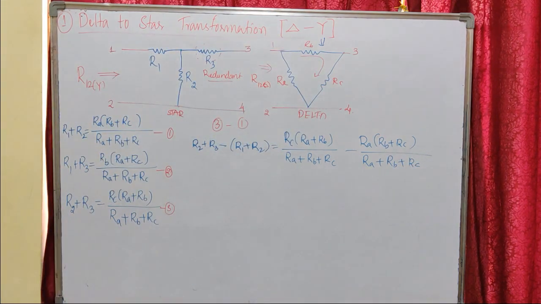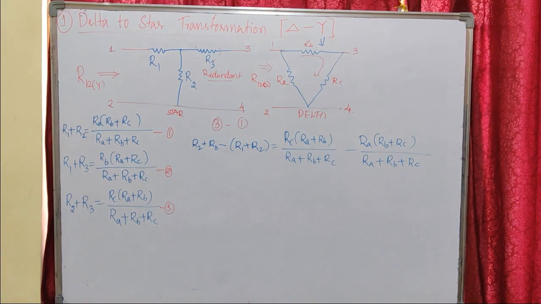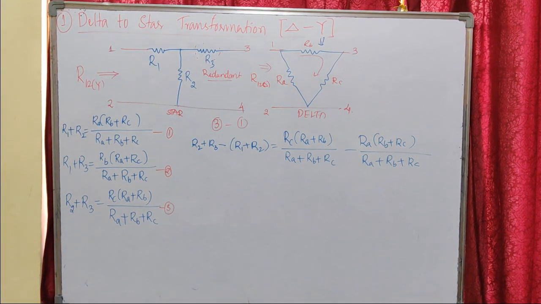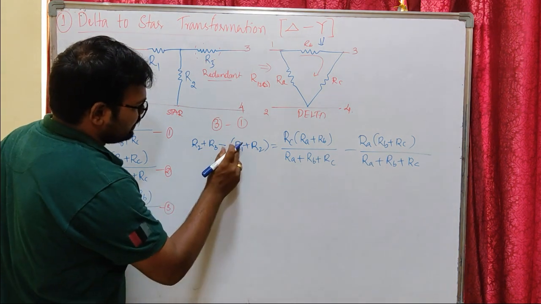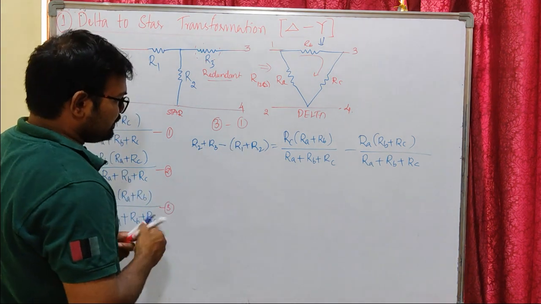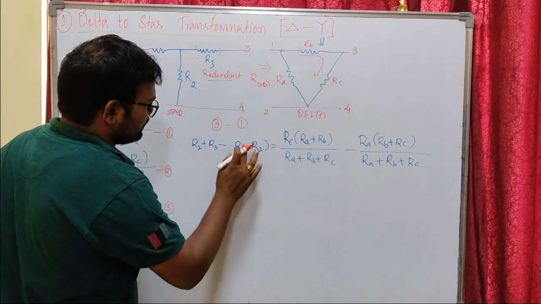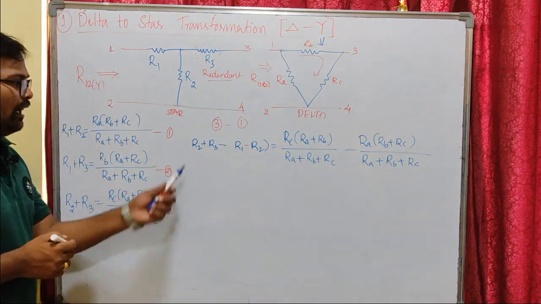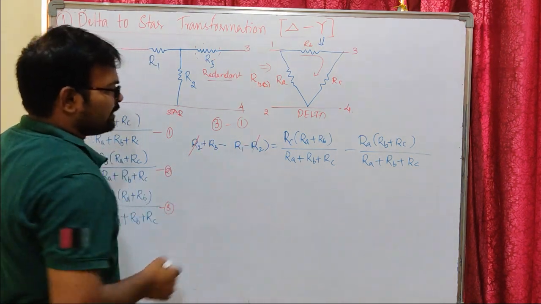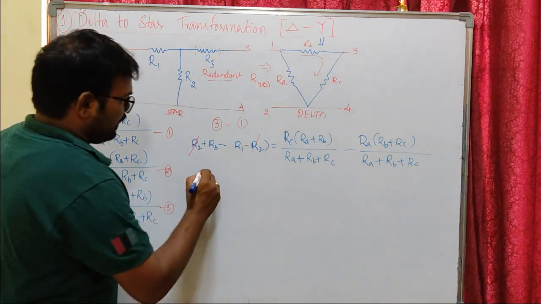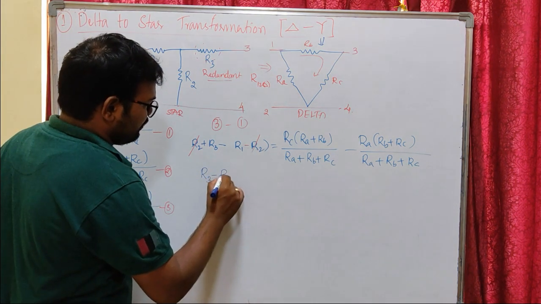So this is when I subtract the equations. Here, when I multiply the minus into the bracket, R2 and minus R2 will get cancelled, so we are left with R3 minus R1.